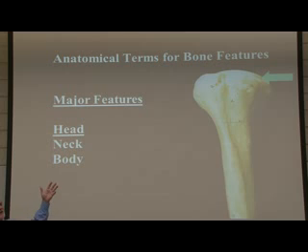A very large, rounded surface for articulation is called a head. The humerus has a fairly large head, and the femur has an even much larger head.